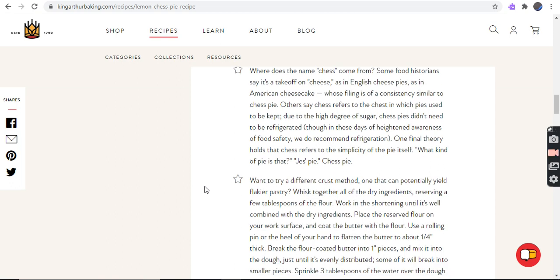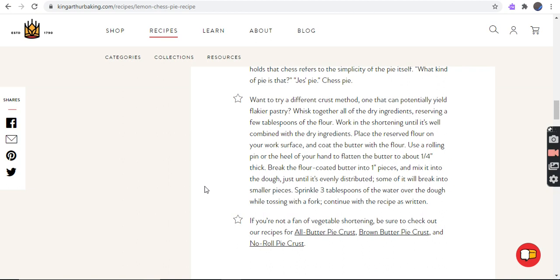Others say chess refers to a chest in which pies used to be kept. Due to the high degree of sugar, chess pies didn't need to be refrigerated, though in these days of heightened awareness of food safety, we do recommend refrigeration. One final theory holds that chess refers to the simplicity of the pie itself. What kind of pie is that? Just pie. Just pie. Okay?